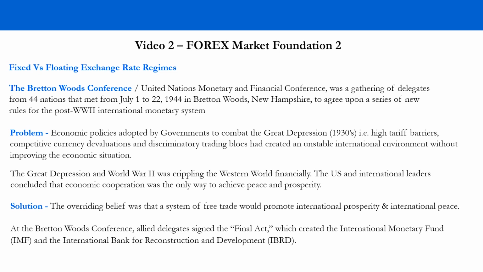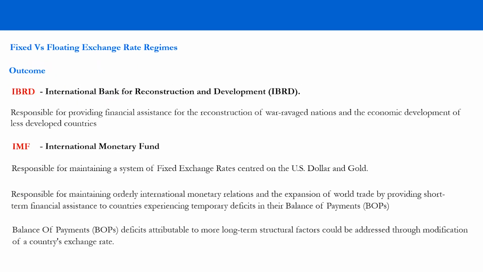And at the Bretton Woods Conference, all of the post-war Allied delegates signed what was called the Final Act, which created the International Monetary Fund, the IMF, and the International Bank for Reconstruction and Development.